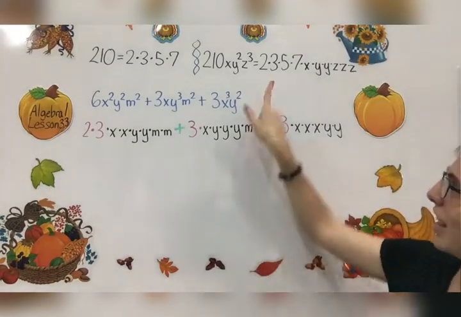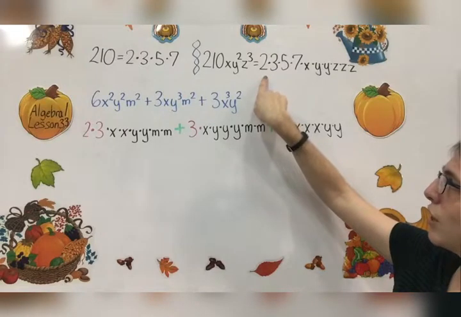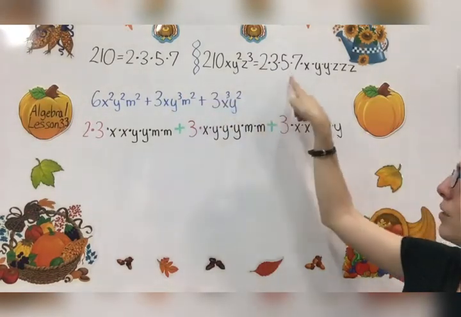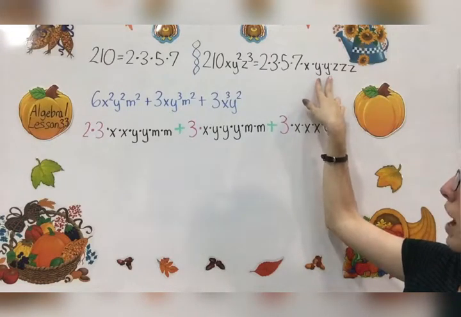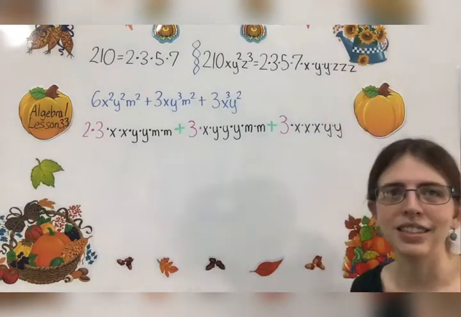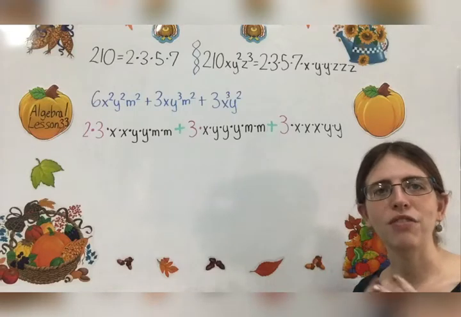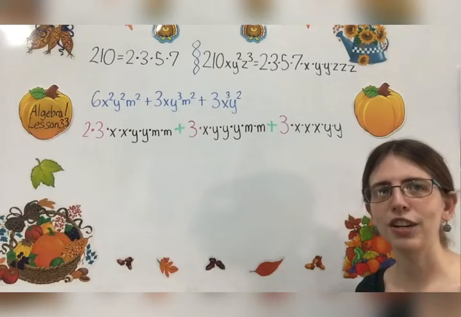So that would look like this. I already know that 210 is 2 times 3 times 5 times 7. Then I have 1 x, 2 y's and 3 z's. So those are all of my factors of that particular number.